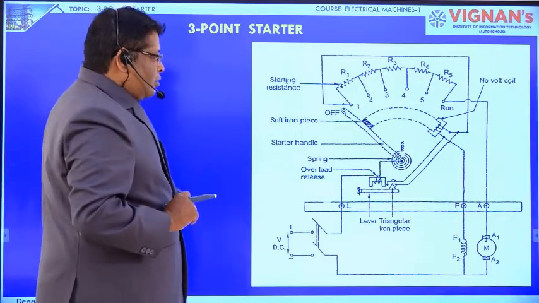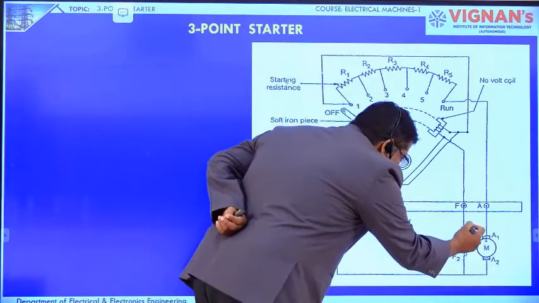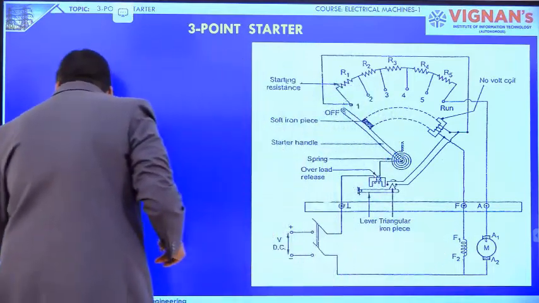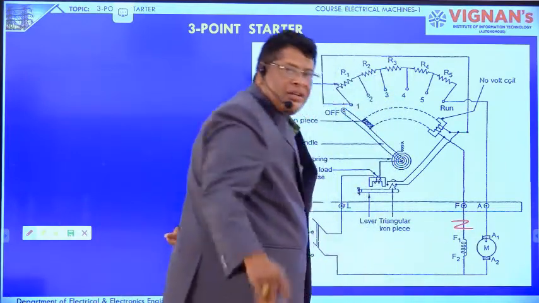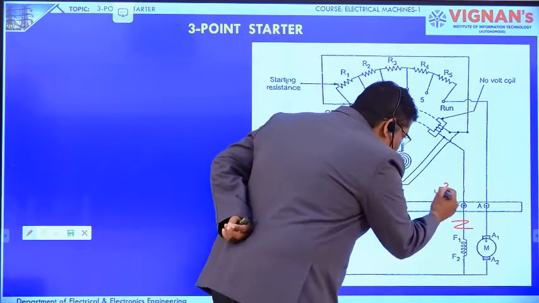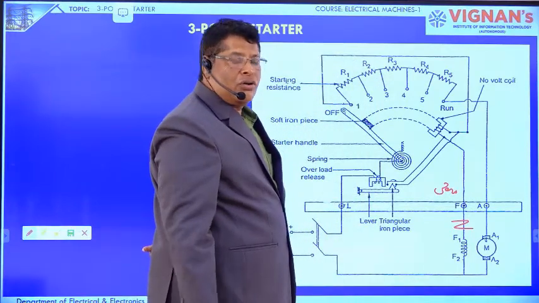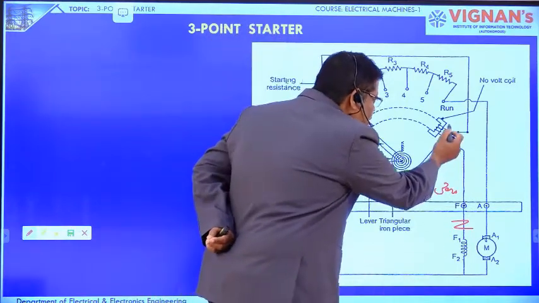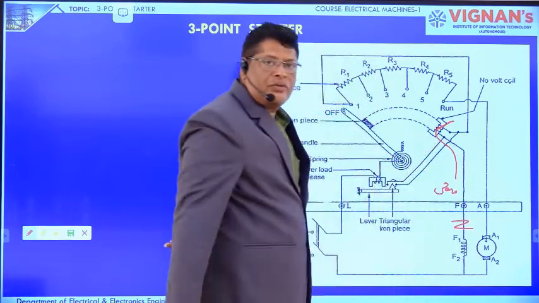See here, suppose any fault occurs in the field winding, the field current comes to zero. If the field current comes to zero, the current through this magnet also will be zero.